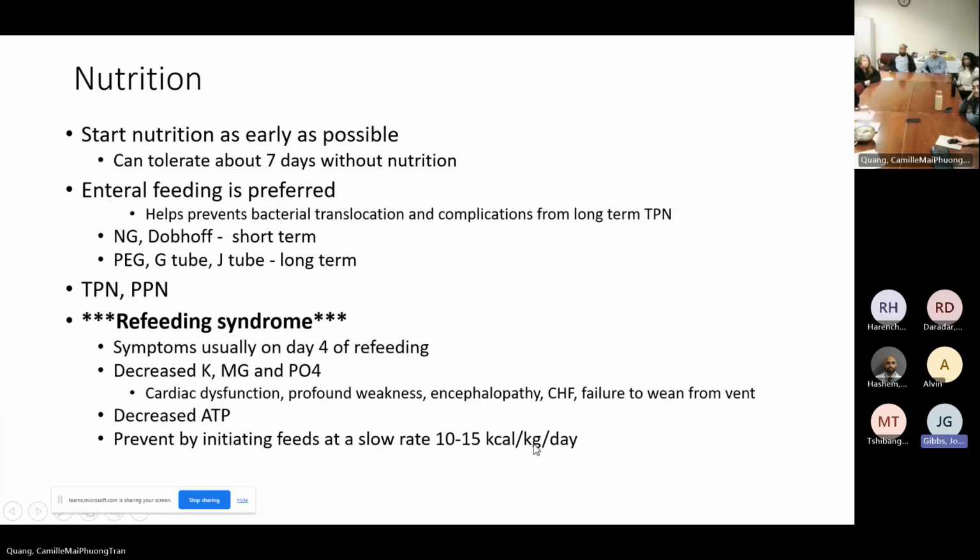And then nutrition. You always want to start nutrition as early as possible. People can typically go about 7 days without nutrition. Whenever you're thinking about how to feed a patient, enteral feeding is the best. You want to feed those little cilia things, villi.